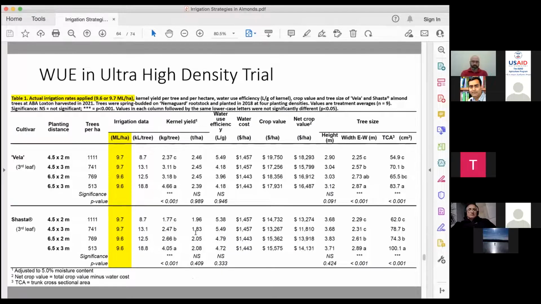That is still not significantly different from the ultra high density, but over the next couple of years, I think I can expect it to be significant. So again, going with higher density or not depends on the cultivars that you are planting and the vigor of that cultivar. The water use efficiency for all these trees in the third year data was not significant.